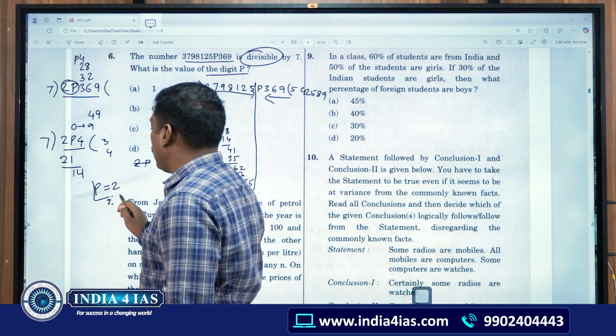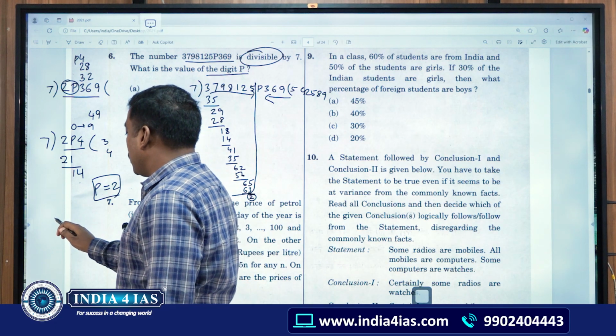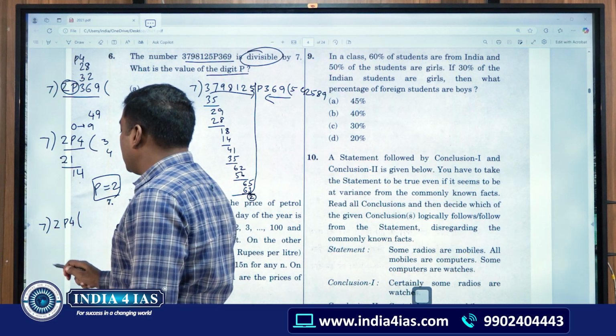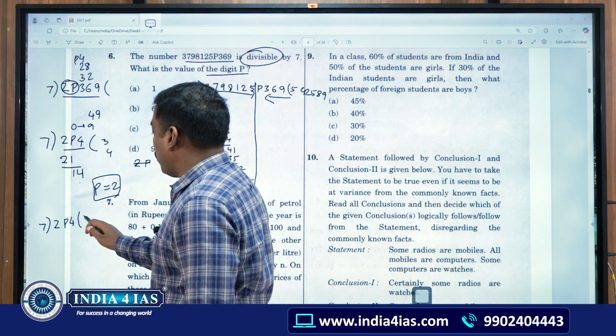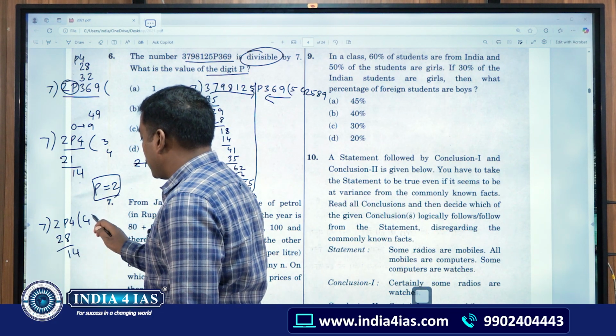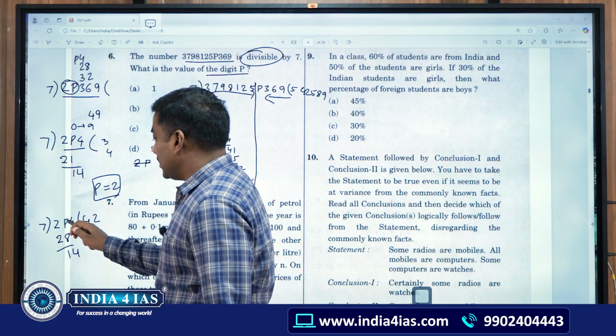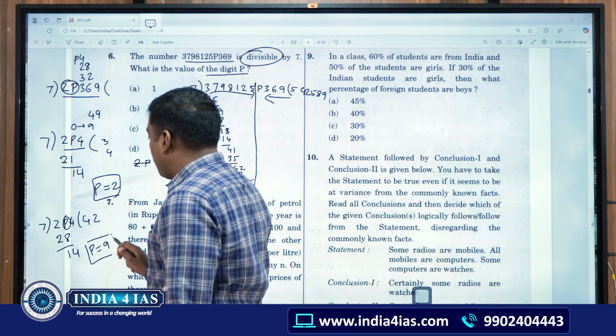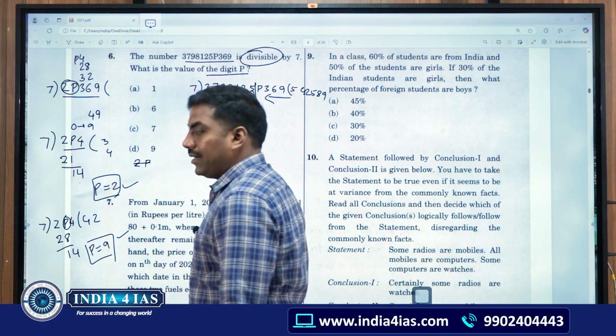One value of P is equal to 2. Second, 2P4 divided by 7. In this case, 7 4s are 28. If I apply 28, I need 14 so that I can apply 7 2s. So this becomes 9. In this case, P is equal to 9. So P is either 2 or 9.